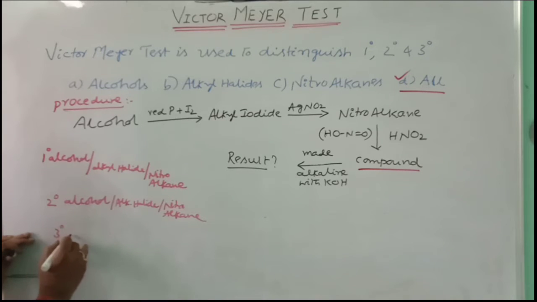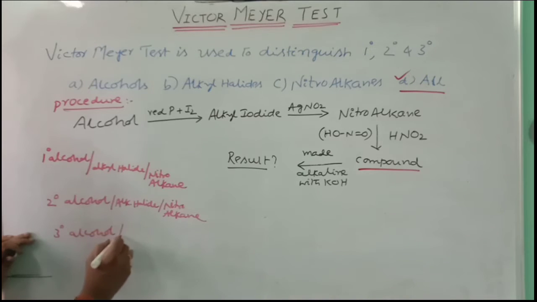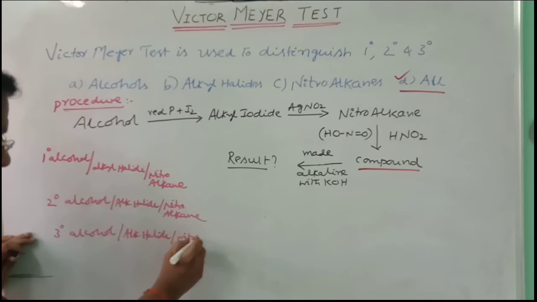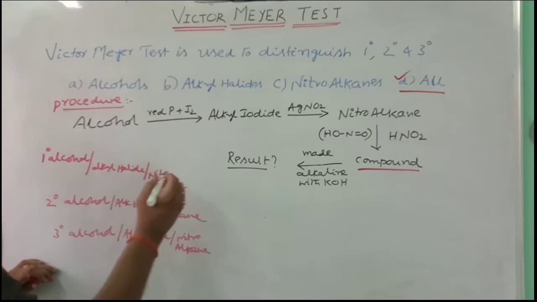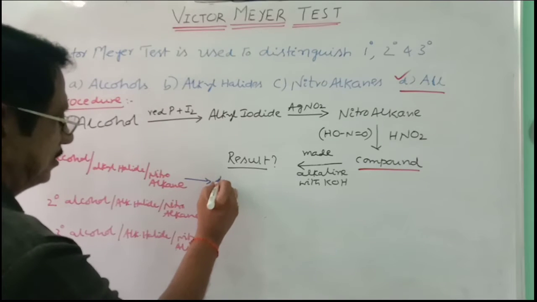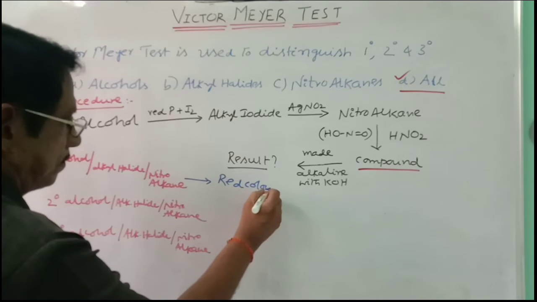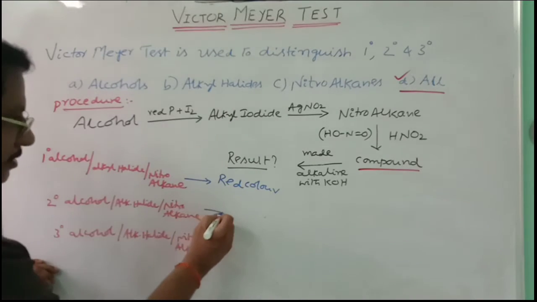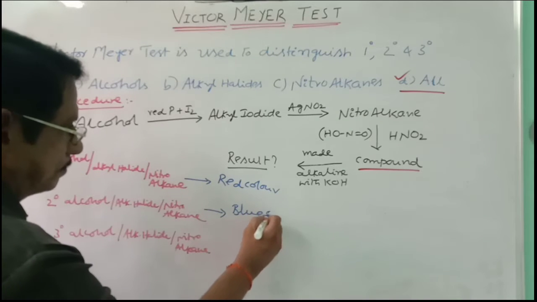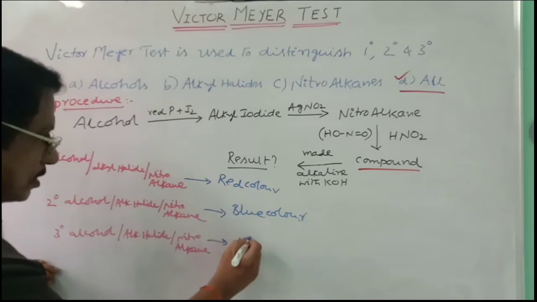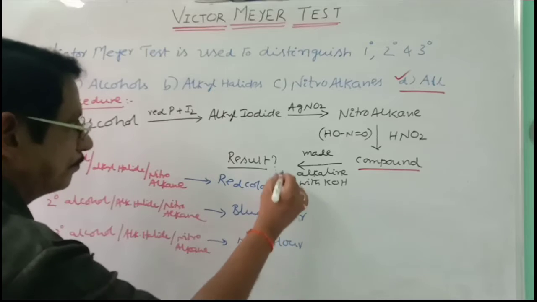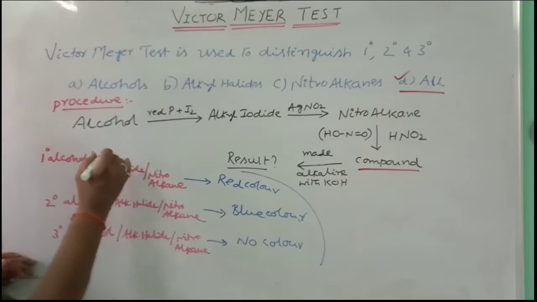Similarly, tertiary alcohol, alkyl halide or nitroalkane. What is the result here? If it is primary alcohol, it gives red color. If it is secondary alcohol, it gives blue color. If it is tertiary alcohol, no color. This is the result.